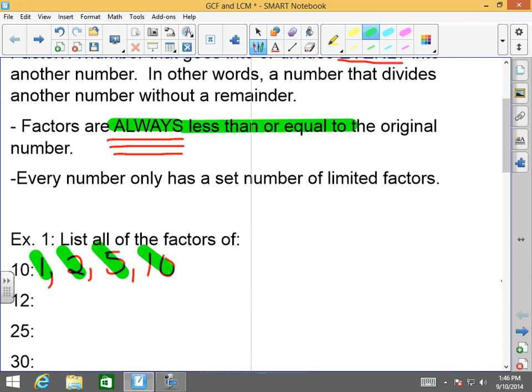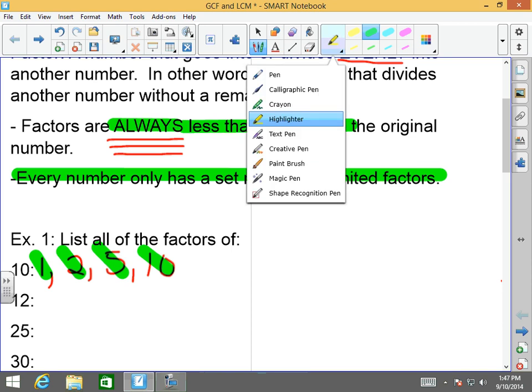Is 10 less than or equal to 10? Also remember that I said every number only has a limited set of factors. There were only 4 factors for the number 10, weren't there? That's what I mean by a limited number of factors. Does that make sense, gentlemen? All right. This is awesome then.